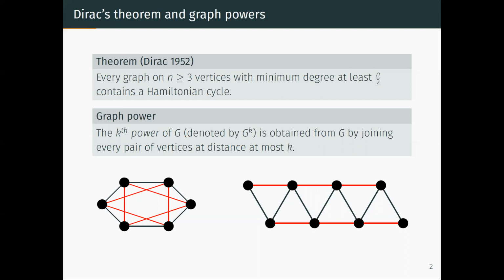If you want to get the square of these graphs, we need to add edges between all pairs of vertices which are at distance 2 from each other. The red edges, which I'm not sure you can quite see, these ones on top and also the cross ones here, are precisely the edges you would need to add to do that.